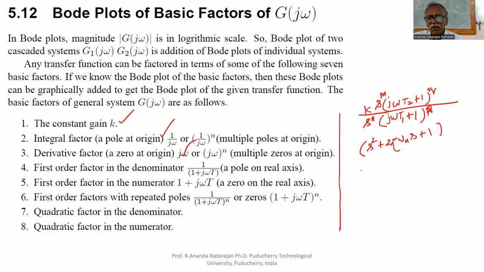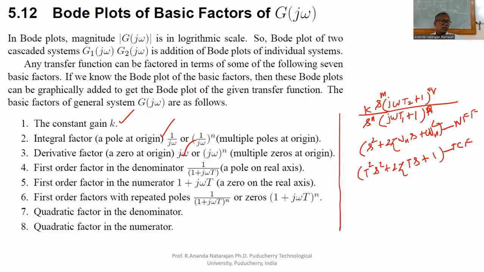If you write this in time constant form, it will be tau square s square plus 2 zeta tau s plus 1. The other, s square plus 2 zeta omega n s plus omega n square, is in natural frequency form. This is in time constant form.